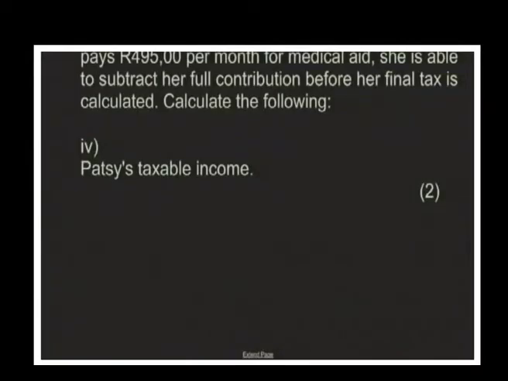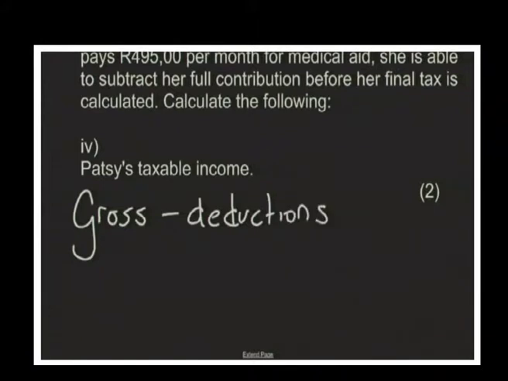Taxable income is her gross income. Let's write this right. Her taxable income is her gross salary minus all the deductions that she is allowed to claim from her salary. So her gross salary, if you remember correctly, was 137,280 Rand.